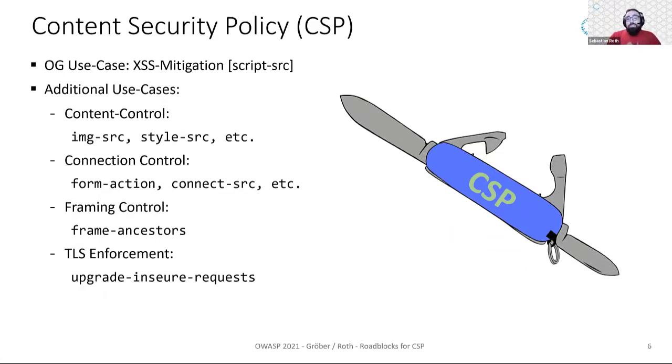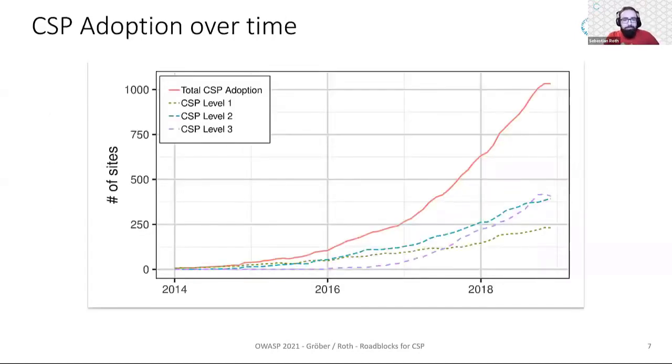It can restrict the capability of an attacker to exfiltrate the stolen data, for example, via restricting the targets of the XHR or fetch API. And CSP is also capable of controlling framing behavior and enforcing secure network connections. So let's take a look at how the adoption of CSP has increased since its release.